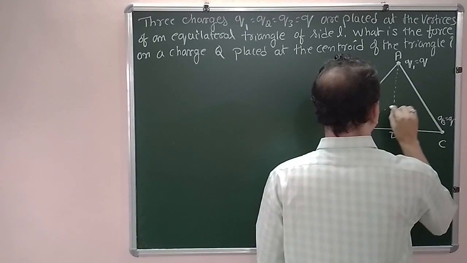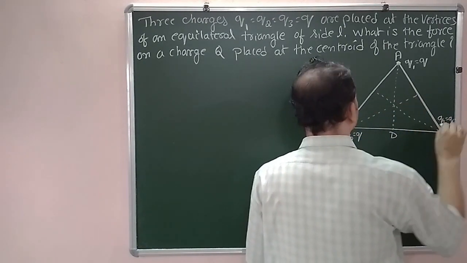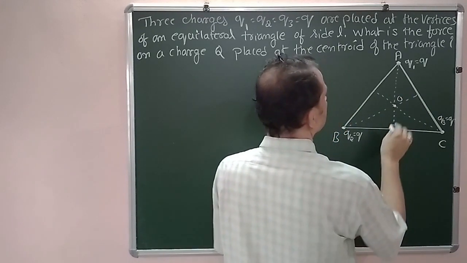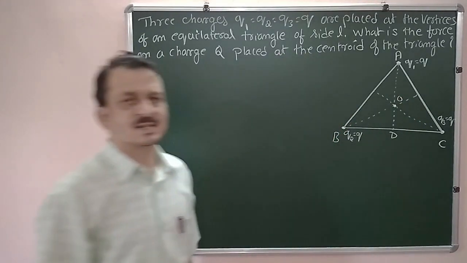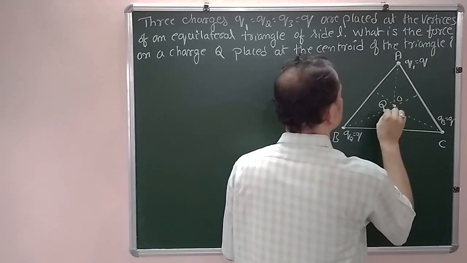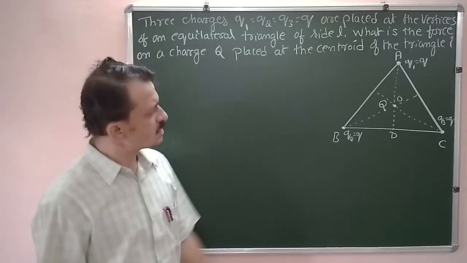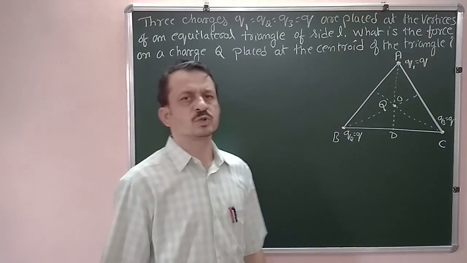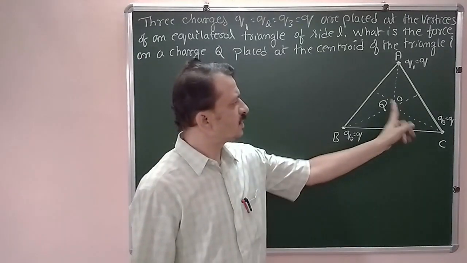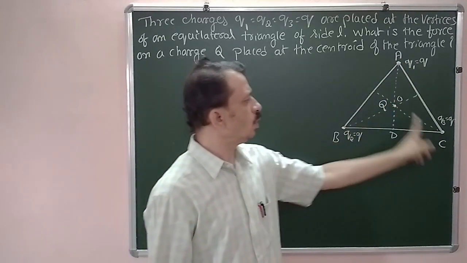Now the intersection of all these medians is at a point O, and that point we call the centroid. At this centroid, they have placed another charge, capital Q. Now, what is the force on this capital Q charge? That we are going to find out. In order to find the force, we have to calculate the distances AO, BO, and CO.